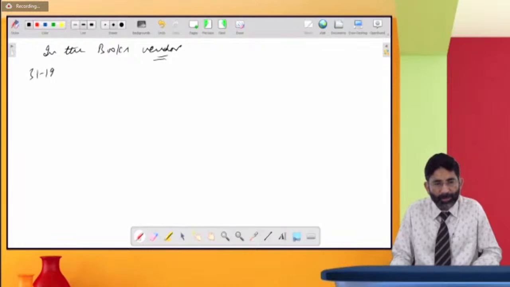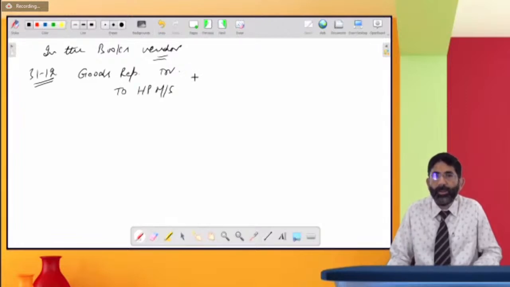If he has repossessed the goods on 31st of December, his entry will be very simple. Goods repossessed account debit to HP Messrs. And the value will be very simple. The value at which whatever is outstanding amount with him, he is going to acquire it for rupees 21,200.